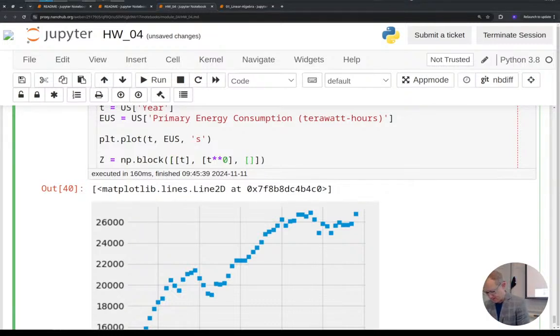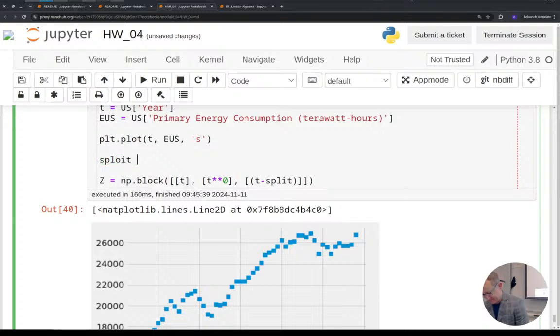And then I want t minus, let's call it split, times t greater than or equal to split. Because a true statement is going to be a 1, so it just passes on the t minus split, and a false statement is going to be a 0, so it just plugs in a 0.